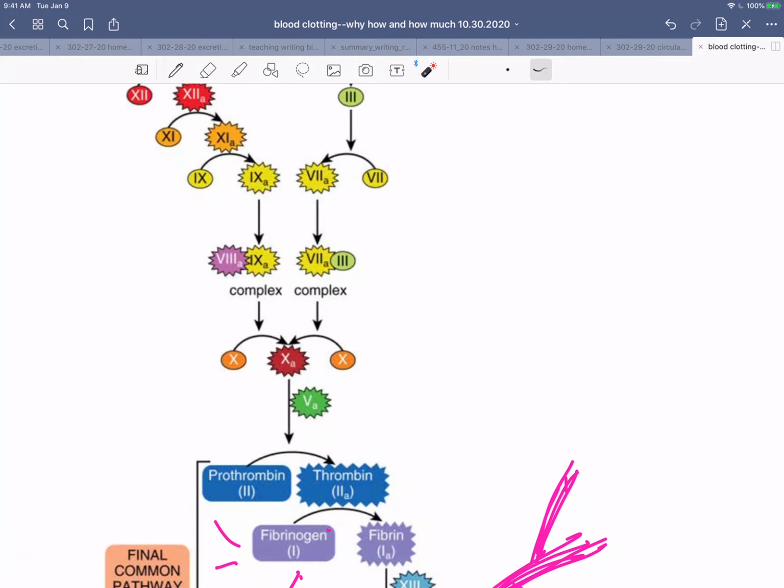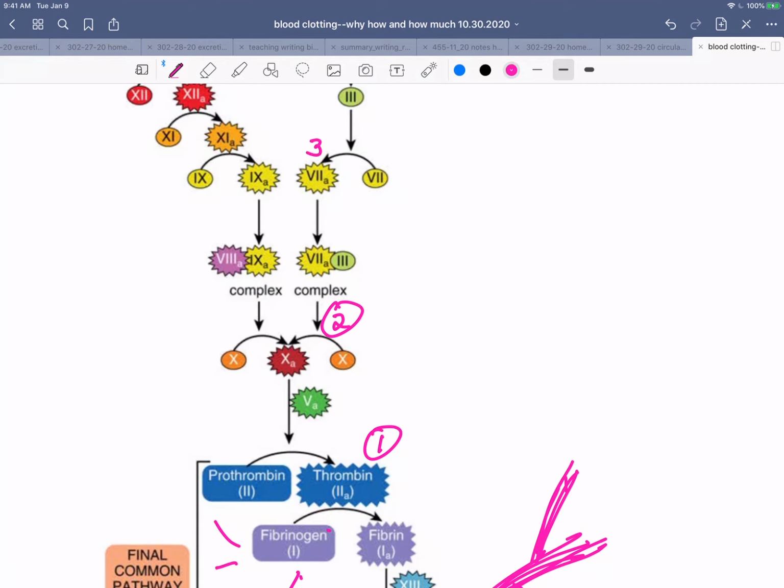In this case, there's two ways to do it: 9A active and 7A active. These are blood factors. They were just discovered in the blood as factors, nobody knew what they were originally, that affected whether or not clotting worked effectively. And so they just got names of factors 6, 9, 10, whatever. So we have one step here. We've got another step here.